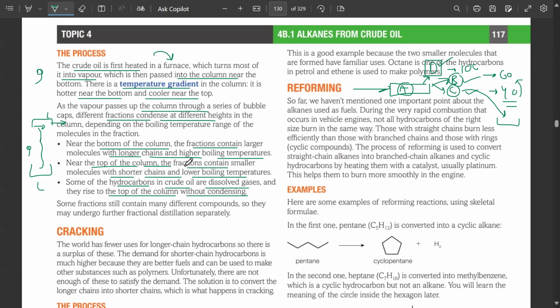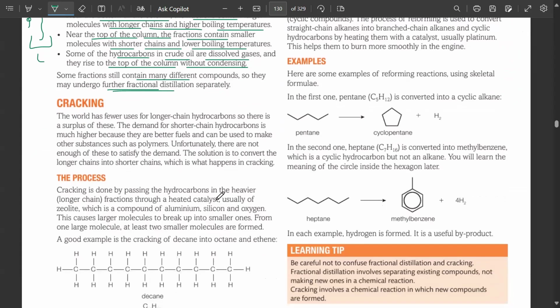At the bottom there will be heavy hydrocarbons because the temperature is highest there. As you go up the column, the hydrocarbon chains decrease, with fewer carbons, because they have lower boiling points. They were the ones which boiled first and left the main fraction liquid. Some fractions still contain many different compounds, so they may undergo further fractional distillation separately.